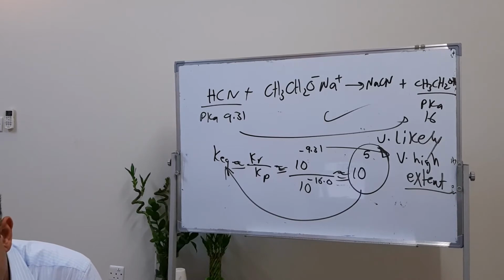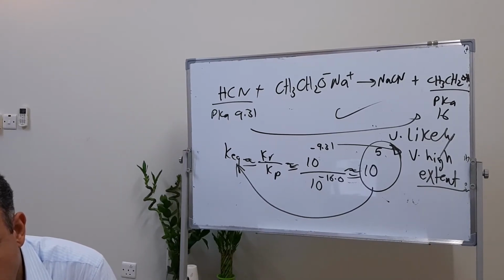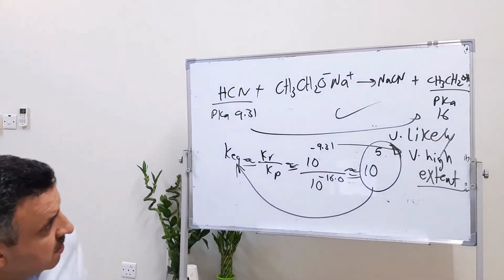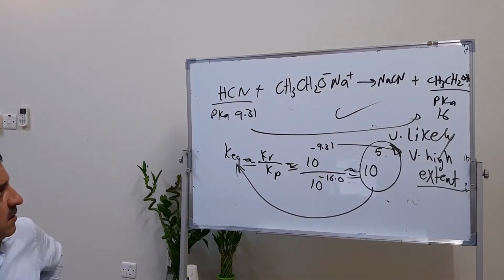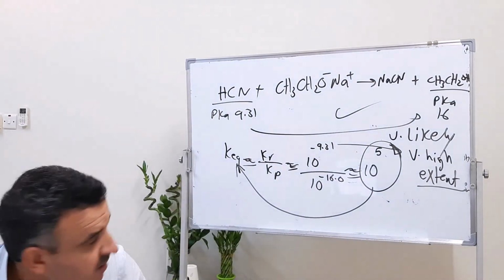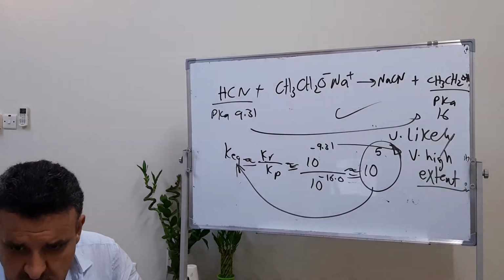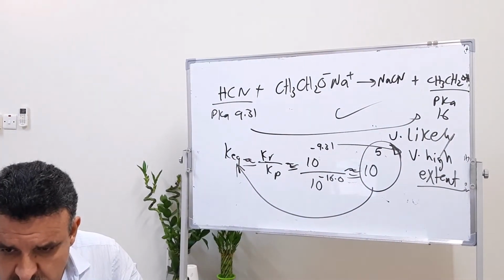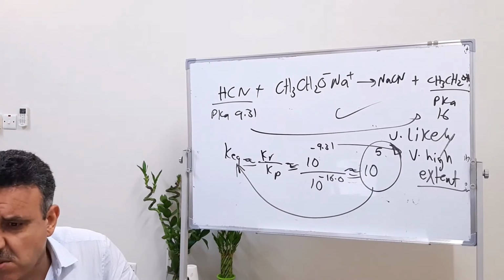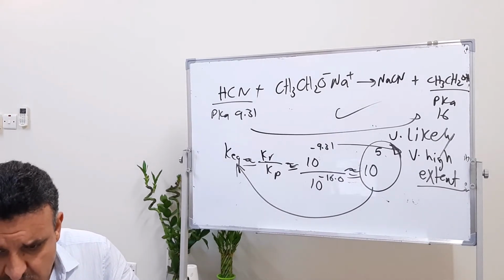Which question are you talking about? 3, 4? Dr. Smith, you wrote the equation wrong. Which equation? CH3CO2, it's not CH3CH2. Okay, CO2 minus, you mean? Yes. It doesn't matter, but the idea is the most important thing.